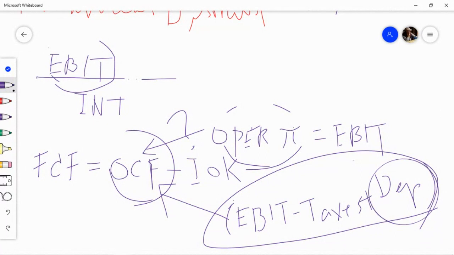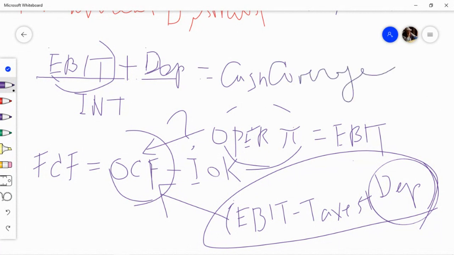It's cash preserved, actually. So if you want a cash coverage ratio, I mean, all of the cash flow available, then you'll have to add depreciation back in there. And that's called cash coverage ratio.